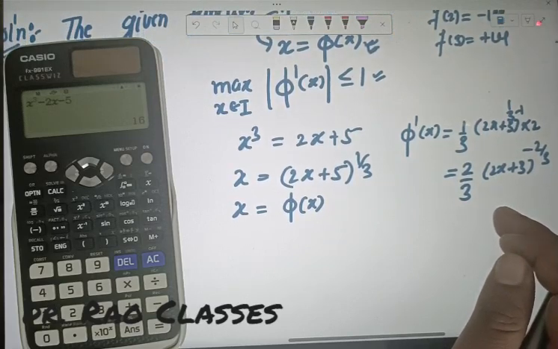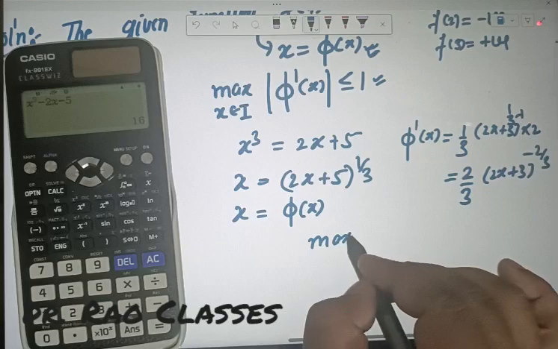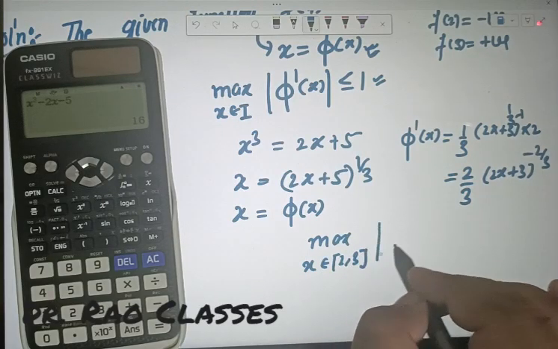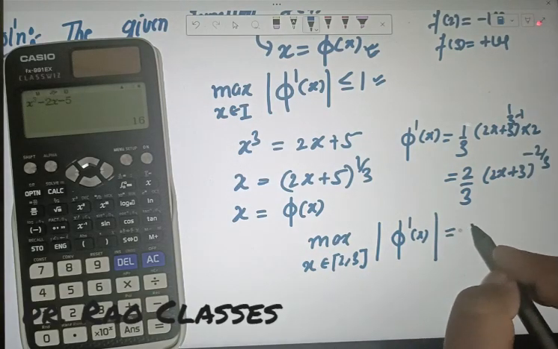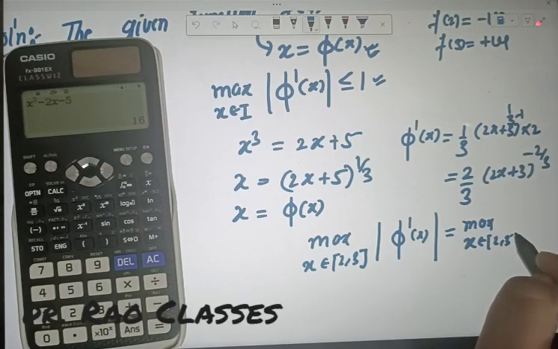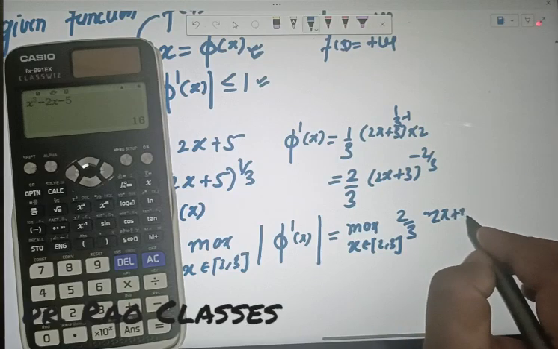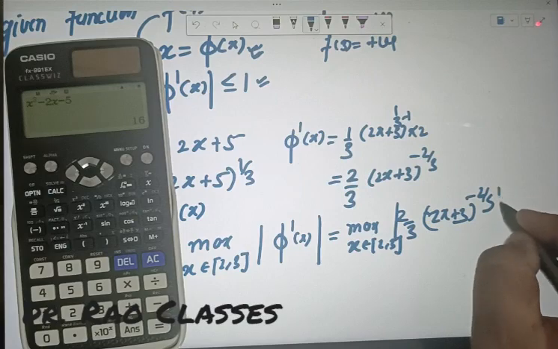Now we need to check the max for x belonging to 2 comma 3 of the modulus of the first derivative of phi of x, that is 2 by 3 times 2x plus 5 to the whole power minus 2 by 3.